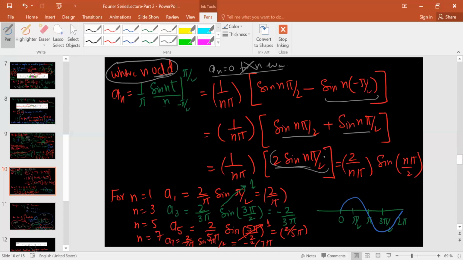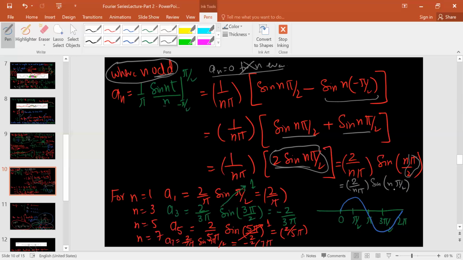You can see that this is sine n pi by 2, and this is 2 by n pi times sine n pi by 2. Now it's really interesting to see that the argument of the sine is n times pi by 2. So the best way to look at it, I will write it like this. This will really make this convenient for us. 2 by n pi is a factor, and sine n, I will take it outside, and then I will say pi by 2.